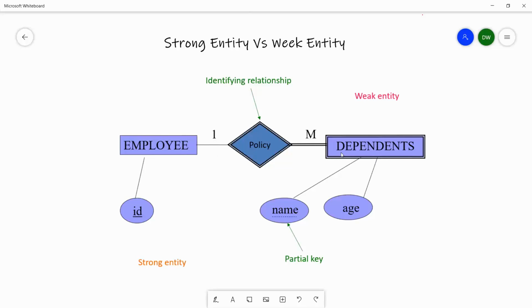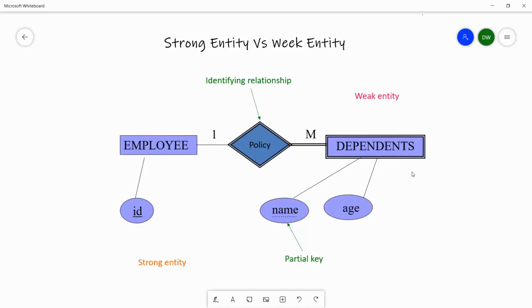If you look at this example, here we have employee and here we have dependents. So that means if you do not have the employee entity here, you cannot have dependents here, right? Dependents will be there if and only if the employee entity is there. Otherwise, it will not be there, right? So that is what we call a weak entity, right?